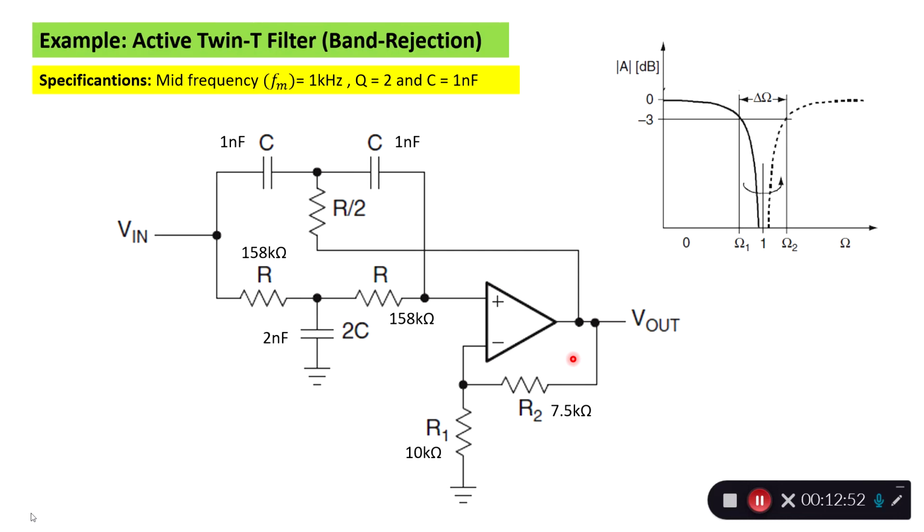So now we can see the whole filter. I can see I have not given a value for R/2, but we have to find 158 kilo ohm divided by 2 and place that in here. Yeah, so this is our active band rejection filter.